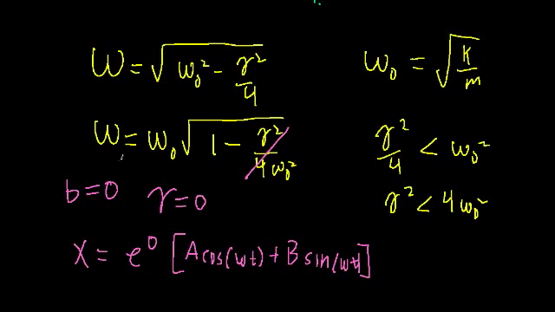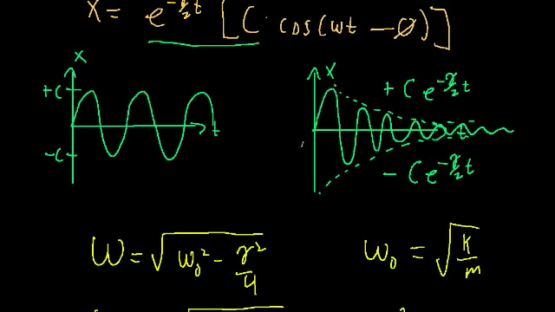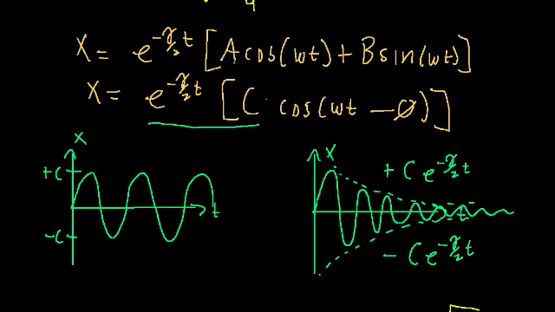Essentially, we get that the frequency is equal to the natural frequency. So we found that if there is no damping, then this more general solution will simplify back down to the solution for simple harmonic motion. And that's lightly damped simple harmonic motion.